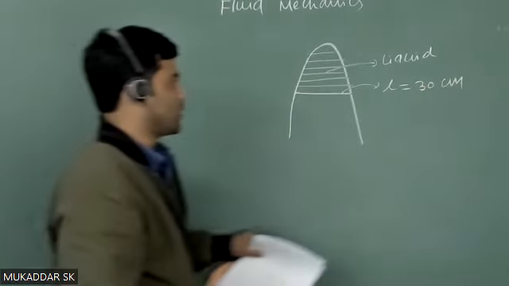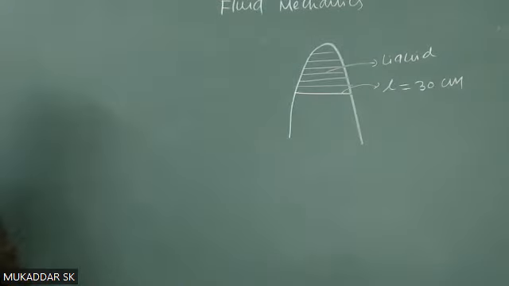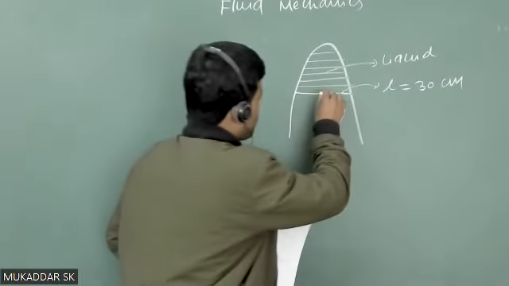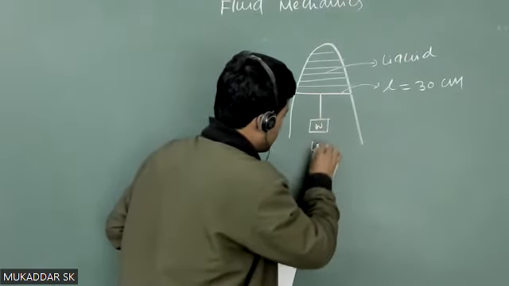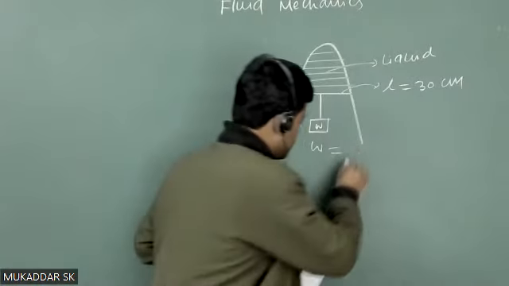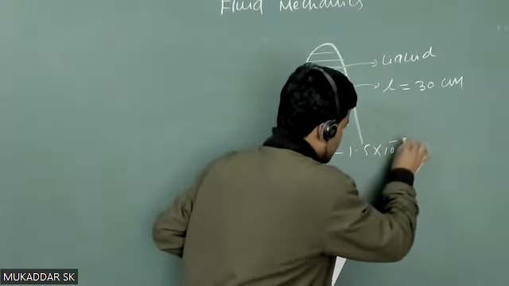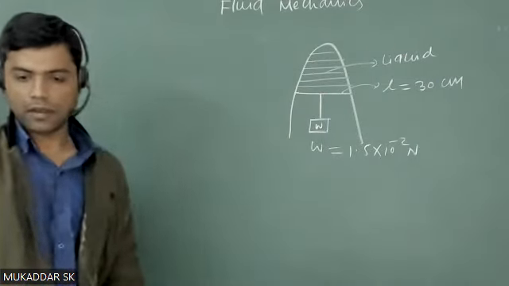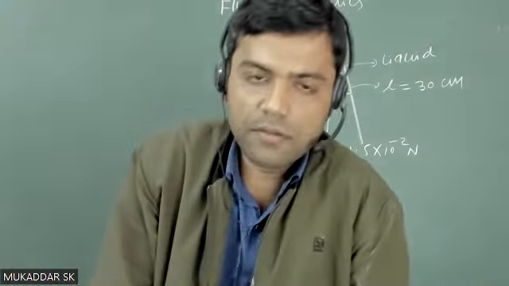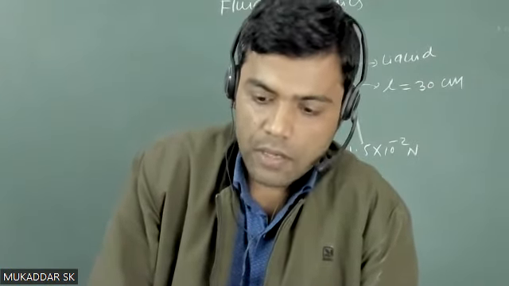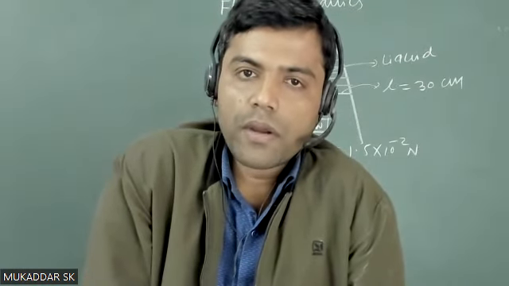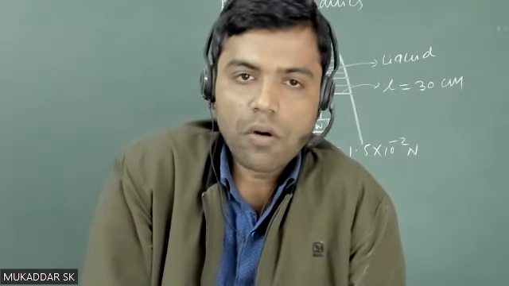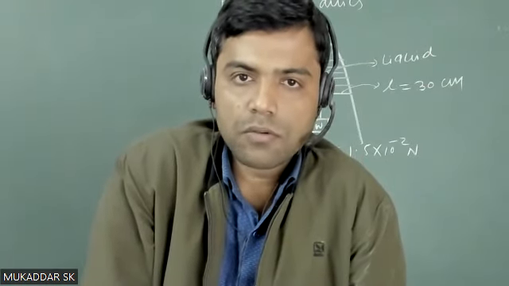So on the surface you have a sliding wire of length 30 centimeters, and this sliding wire can support a weight, and that weight is given, that is 1.5 into 10 to the power minus 2 Newton. So this is a kind of thin film liquid.